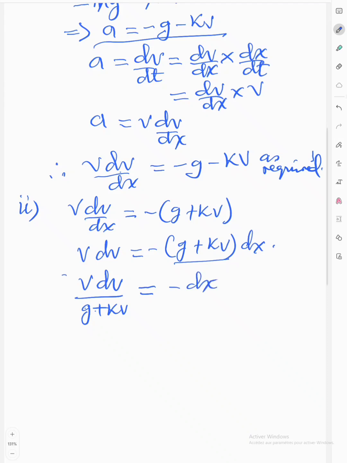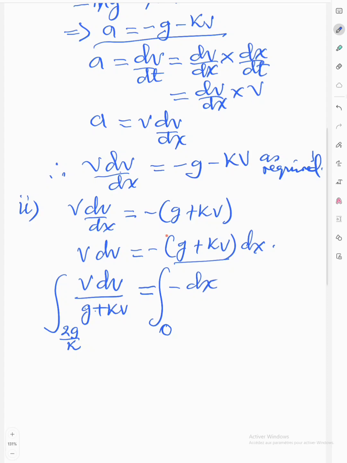Then I integrate both sides, and on the v side I will be integrating from the initial speed that the particle was given, which is 2g over k, and on the distance side I will be integrating from 0 because initially the distance of the particle from O is 0.